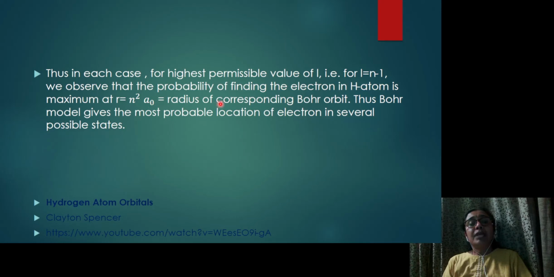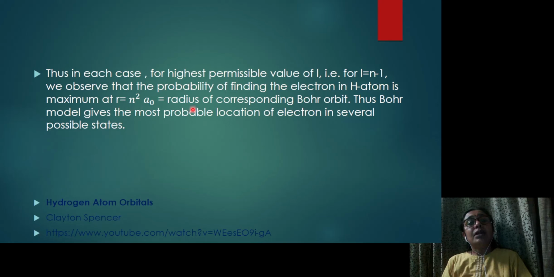That is nothing but the radius of the corresponding Bohr orbit. According to the Bohr atom model, the electron will be found at a distance r equal to n squared a0, where n is the principal quantum number.